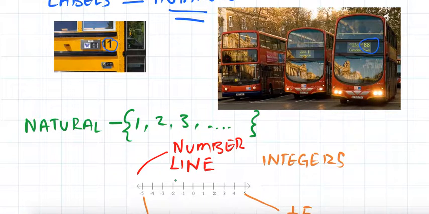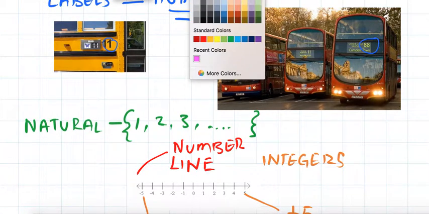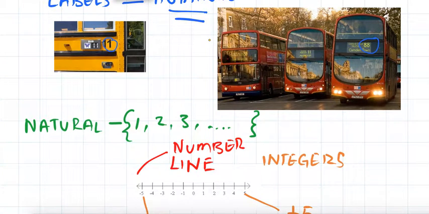This means that we can extend the number line to include negative numbers. So this expanded set of positive and negative numbers is what we call integers. Integers are essentially all the numbers, positive as well as negative.